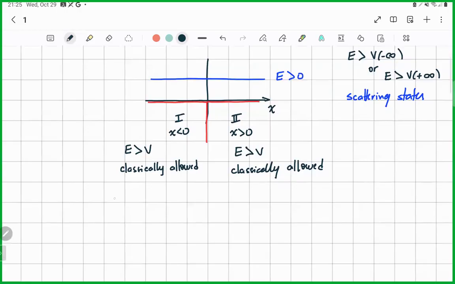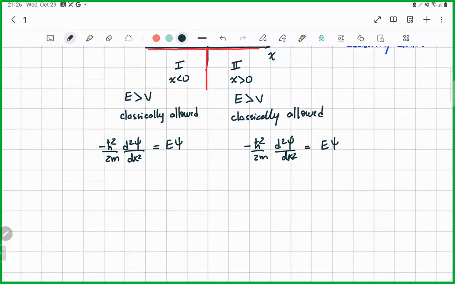Okay, so we are going to write Schrödinger's equation. There is no potential in this region 1. The potential is 0, so that's what we have. Same story on the region 2. Potential is 0. This is the equation. We rearrange this equation and we have this.